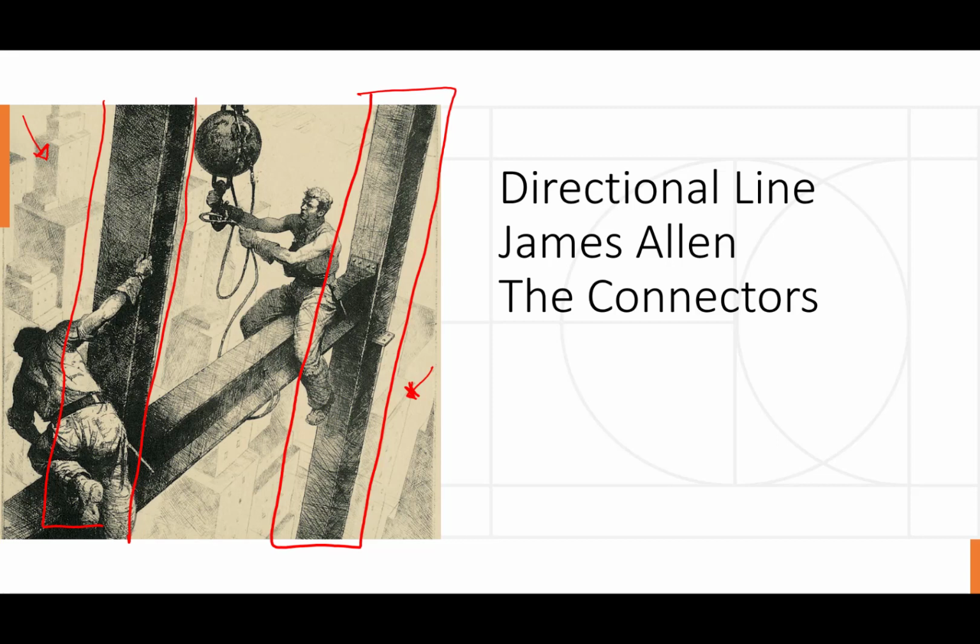It's meant to create a sense of height and depth. So that when we look at this picture, we go, wow, they're really high up. But of course, it's on paper. There is no actual depth to a drawing. It's all done by lines, shapes, shading, etc., all these elements we're learning about to create a sense of that.